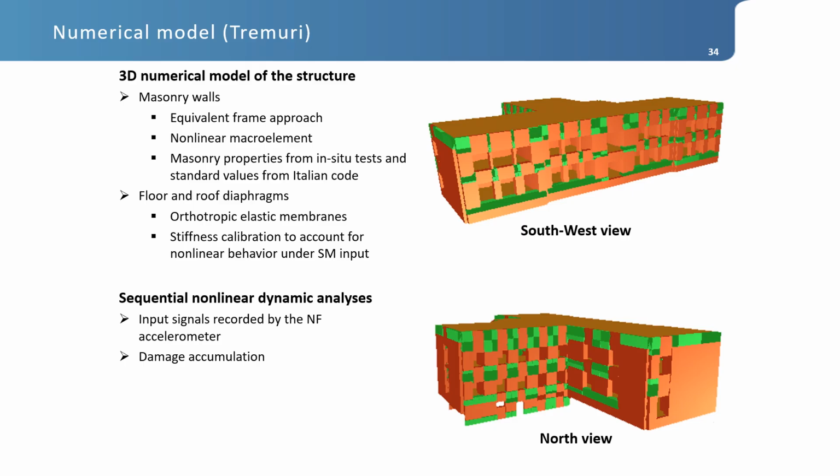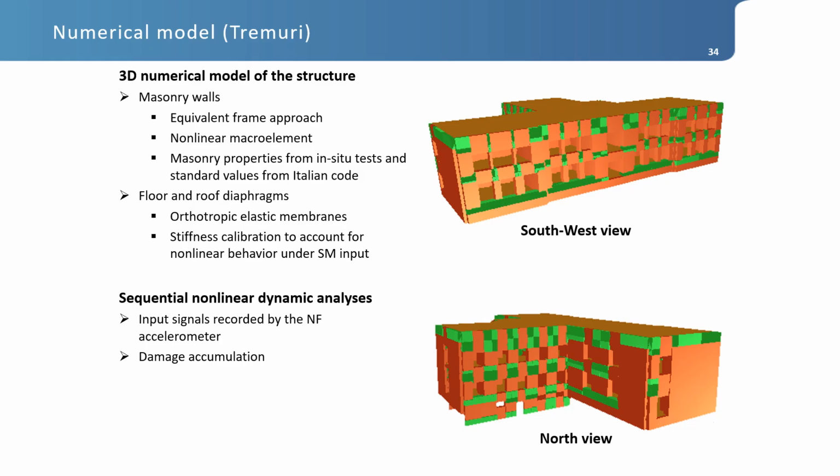So we decided to try to simulate using a three-dimensional numerical model of the structure, modeled by the Tremuri program using an equivalent frame approach and a nonlinear macroelement representative of the cyclic response of piers and spandrels of the building.